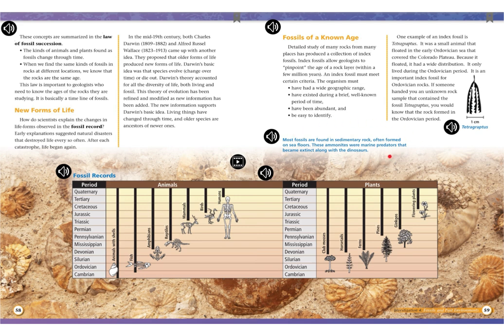Most fossils are found in sedimentary rock, often formed on sea floors. These ammonites were marine predators that became extinct along with the dinosaurs. So these are what ammonites look like, the background here. Fossil records.